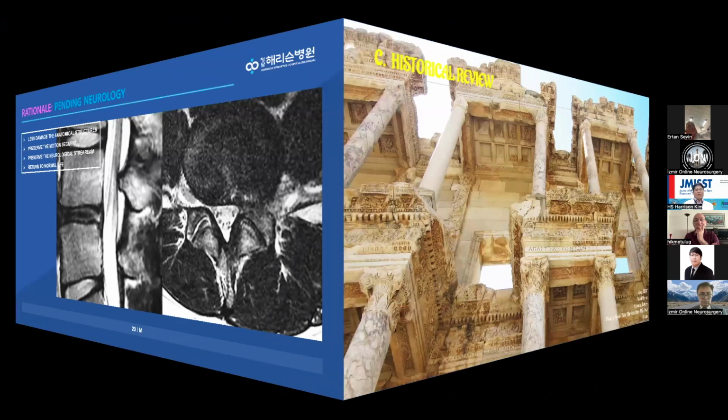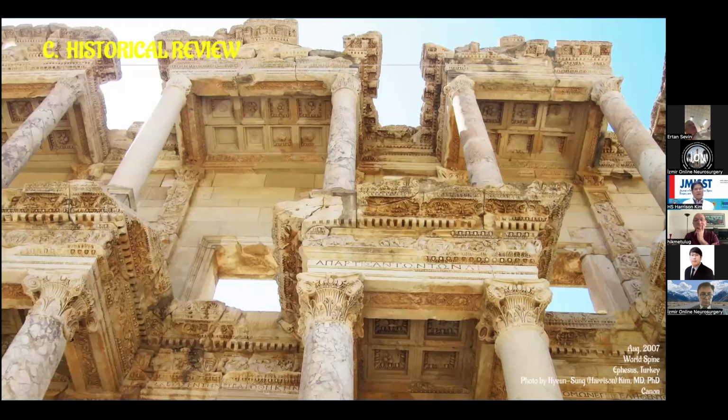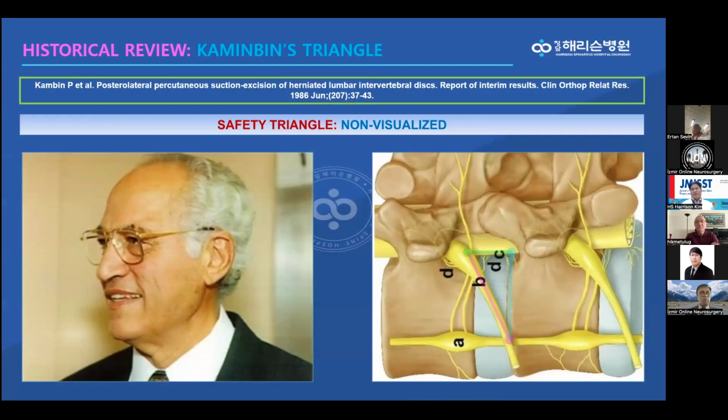But now, checking the historical review of transforaminal discectomy, we already know that this concept started from Dr. Parviz Kambin, who first introduced Kambin's triangle in 1986.